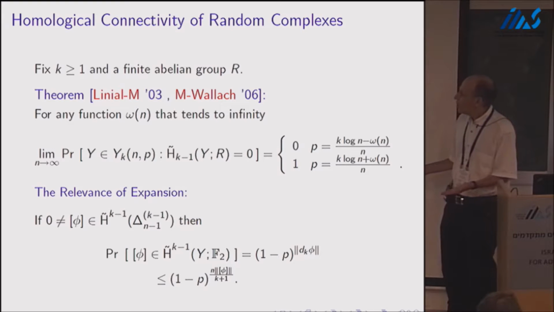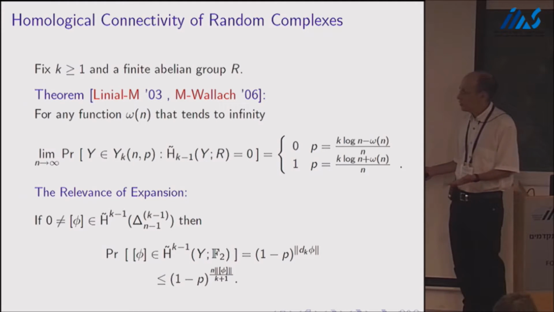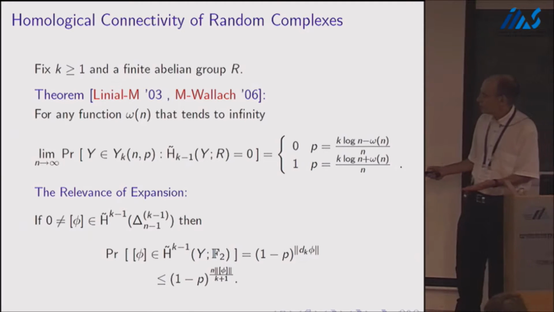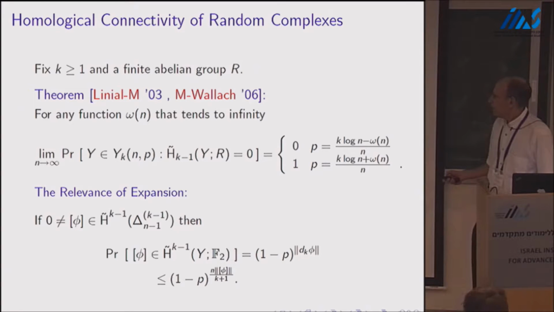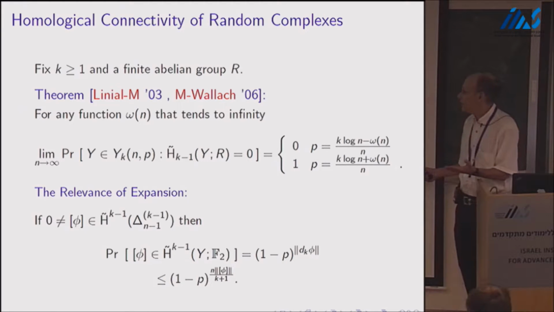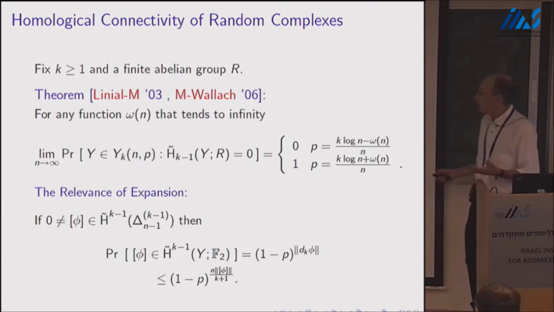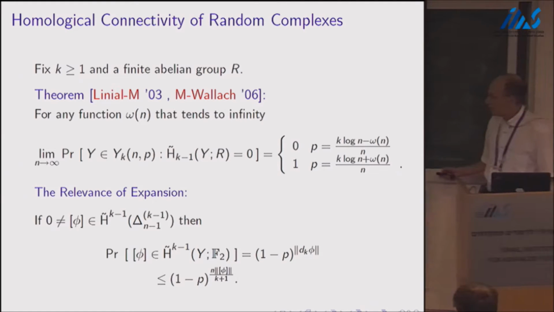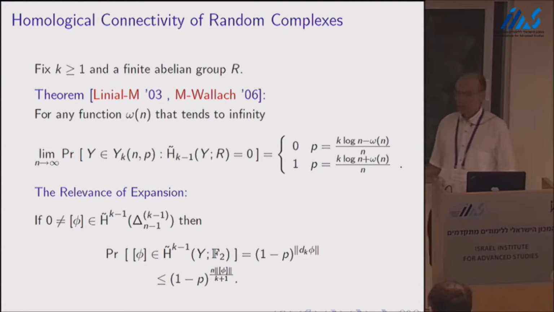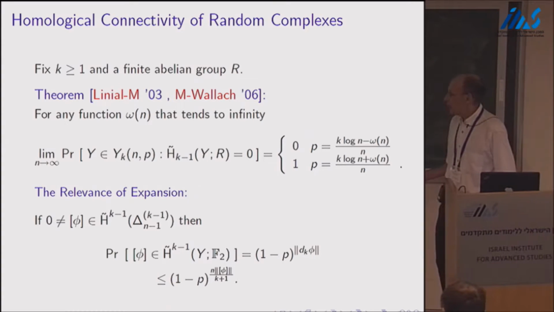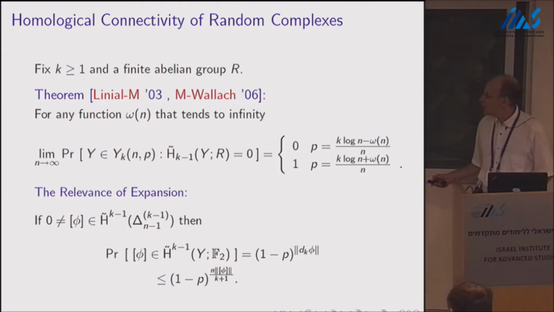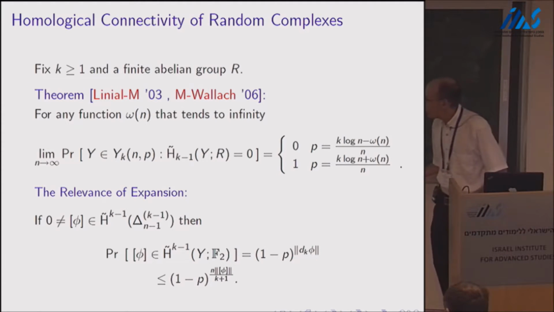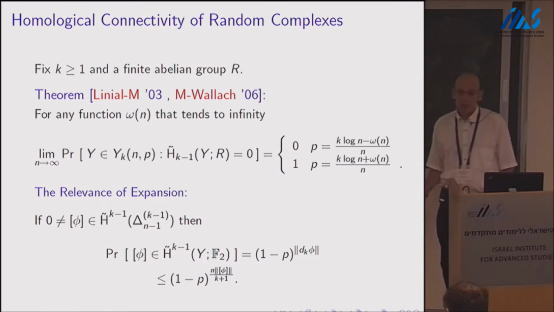Now, they are potentially also cocycles of the random space Y. A cochain will not be a cocycle exactly when the cut defined by dφ does not appear in Y. And the probability of this happening is exactly (1-p) to the power of the norm of dφ, which, by the estimate for the expansion of the simplex, is at most (1-p) to the cosystolic norm of φ times n over k+1.